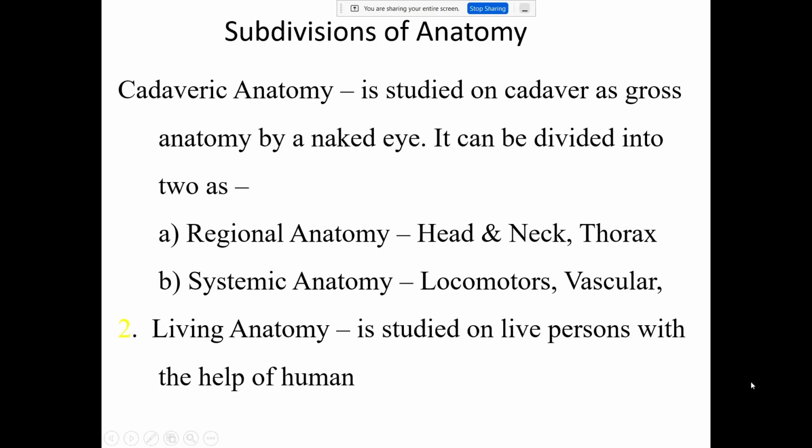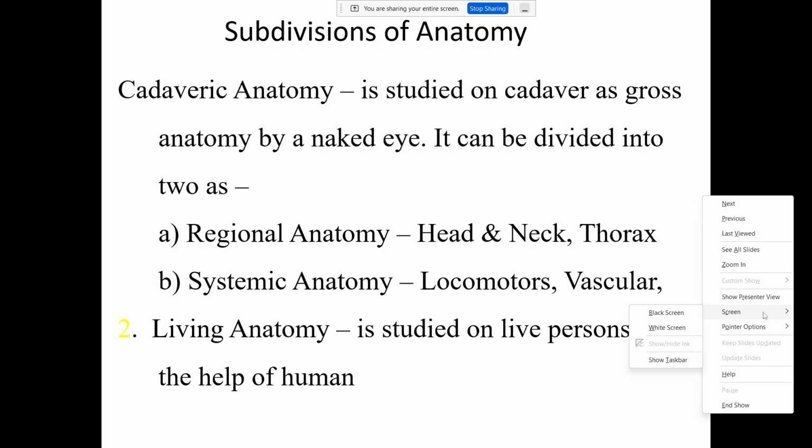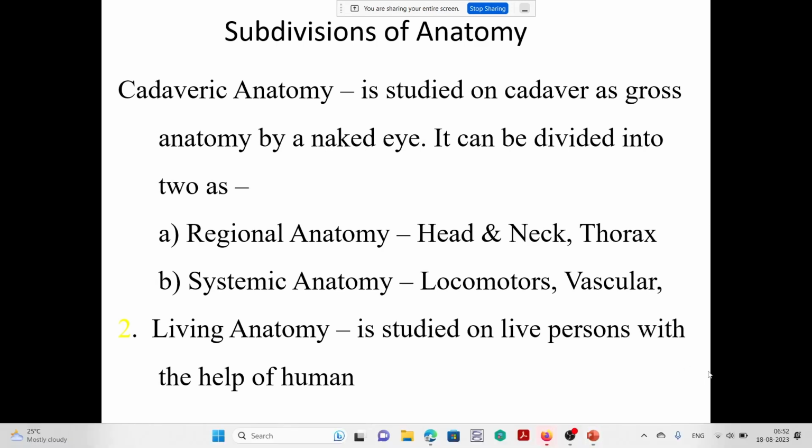Then similarly the systemic anatomy, that is system wise. For example, the organs are grouped and made into one system. Those organs mainly belong to a similar type of function. Say for example, if we take the digestive organs, from oral cavity to the anus, all the organs come under this region, that is to be one system.